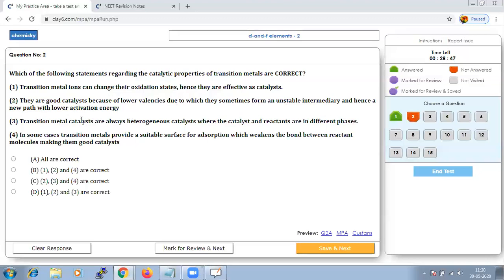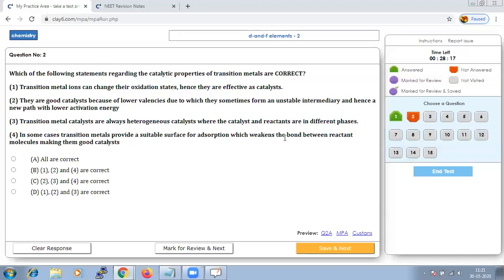Transition metal catalysts are always heterogeneous catalysts where the catalyst and reactants are in different phases. It is not correct because there are certain homogeneous catalysts also present, so our third option is wrong. In some cases, transition metals provide a suitable surface for adsorption, which weakens the bonds between reactants.